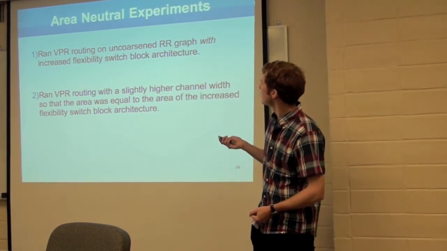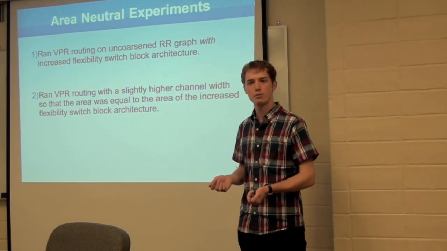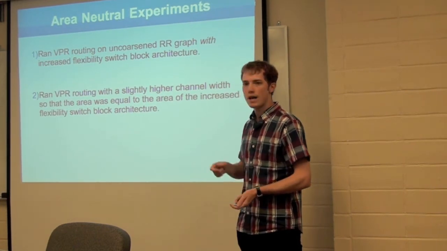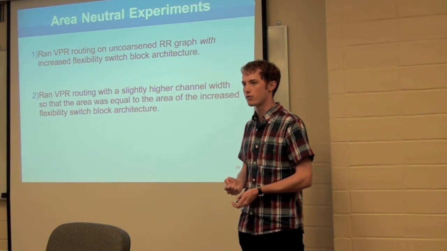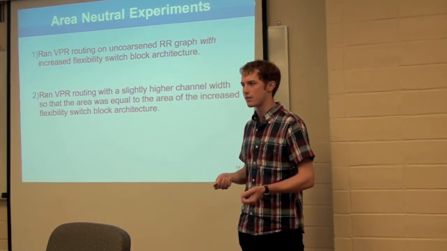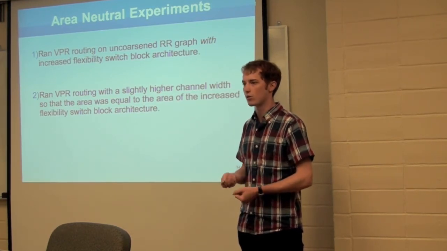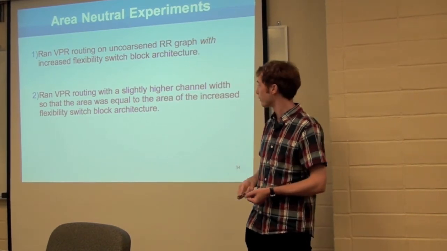The first experiment we did is we used our modified switch block architecture with the extra switches in the switch blocks and ran VPR Pathfinder without the coarsened routing resource graph and without the SAT step, and then compared the runtime against that. The idea is there are extra switches, so it should be more flexible, we should be able to make connections that weren't there before, and so should have an easier time routing.